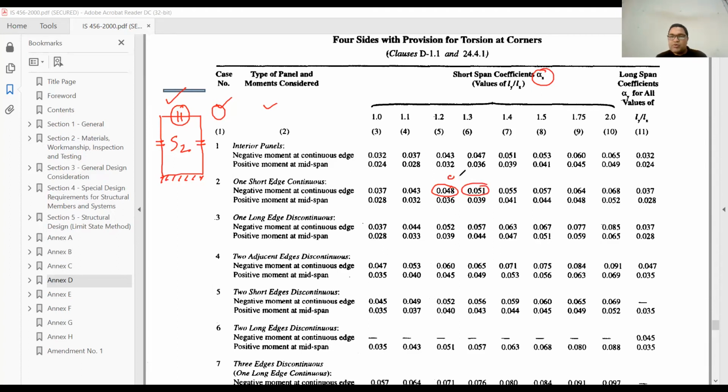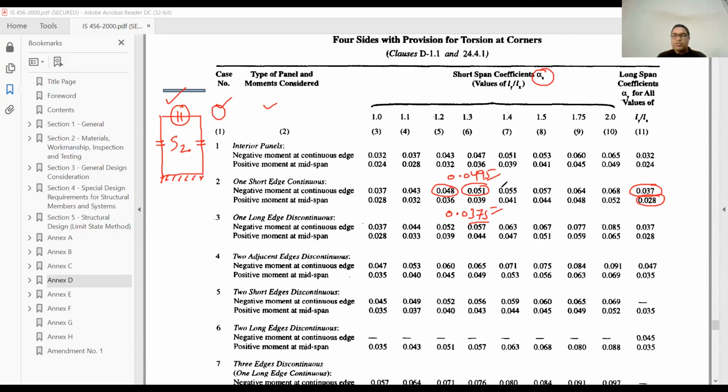So it will be, I think, 0.0495. And for this, it will be 0.0375. I think this will be our value of alpha x for negative and positive bending moment. And for alpha y, it will be 0.037 for negative, 0.028 for positive.